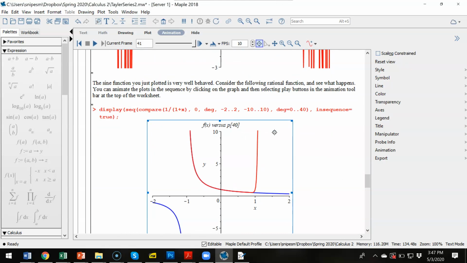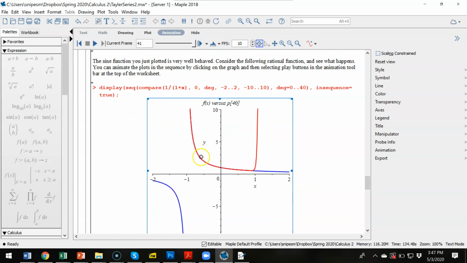Over here, the Taylor polynomials centered at 0 are only a good approximation for this function on this small range of x values. So we will stop this video, and we'll resume in the next video, where we actually investigate this formulaically.